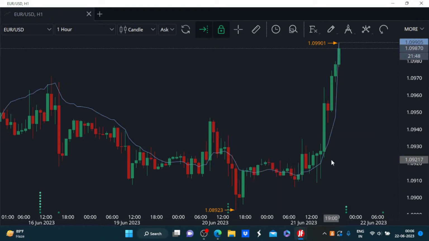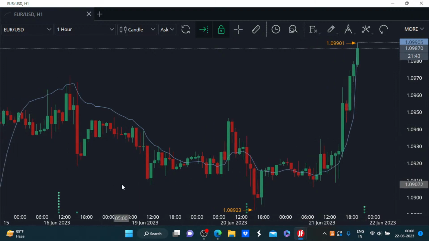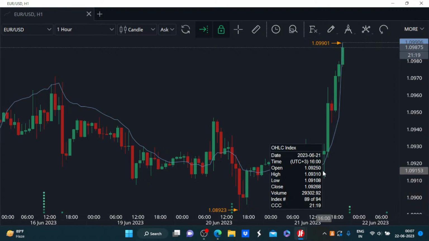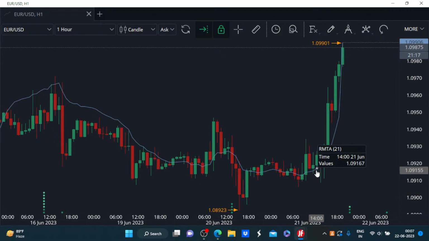In today's session, the range was fairly shallow, but after this long consolidation phase, the momentum picked up, and if we were to rely on these trading possibilities, looking at the RMTA indicator, we would have been in a position to capitalize on these moves, because the RMTA told us that the price trajectory was now moving in the bullish direction, because we had the RMTA output signaling this upward momentum.